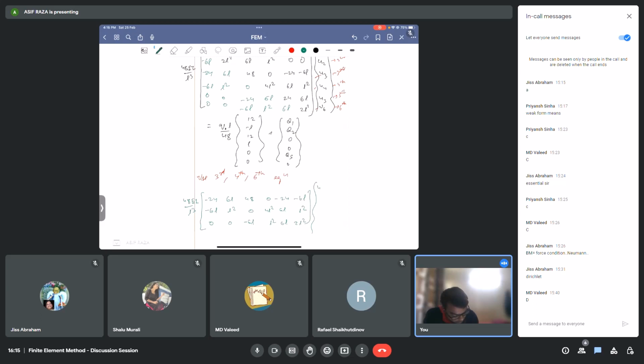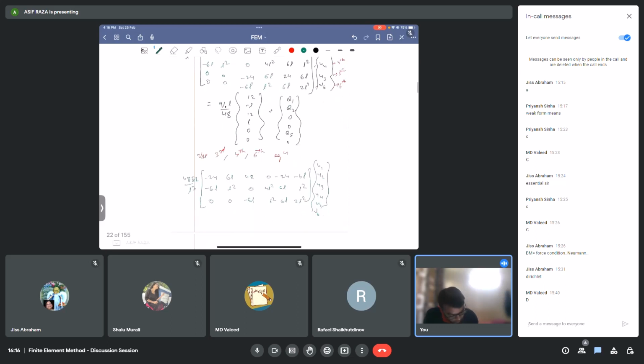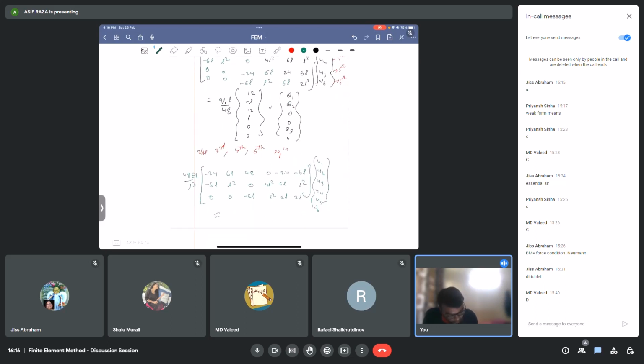This is with respect to U1, U2, U3, U4, U5, U6, and the right hand side will have only 3 equations, and that will be equal to Q naught L, knowns are 12 L and 0.